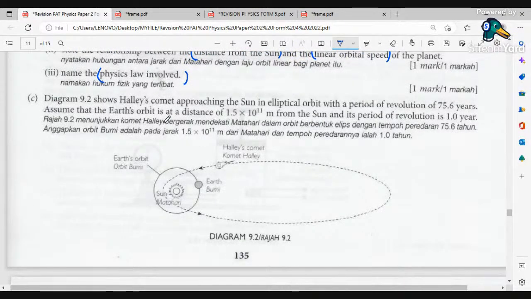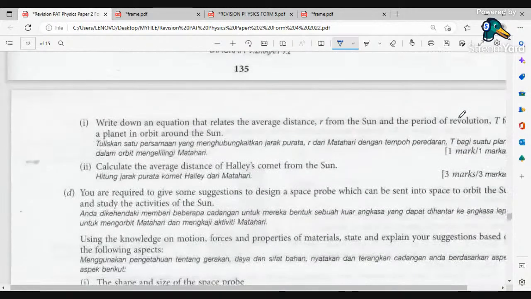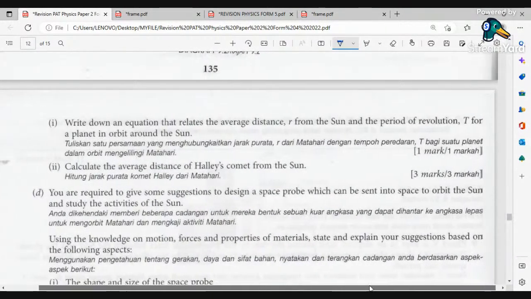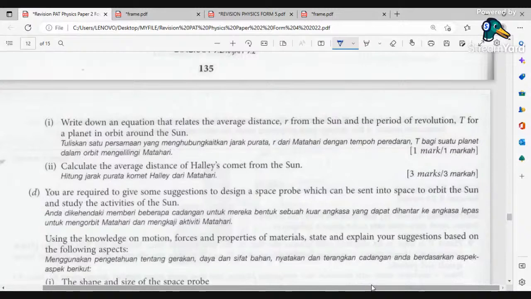Okay, assume that Earth orbit distance given from Sun and period of revolution 1 year. Halley's comet approaching Sun, period 75.6 years. Write down equation that relates average distance r from Sun and period of revolution for a planet in orbit around the Sun.